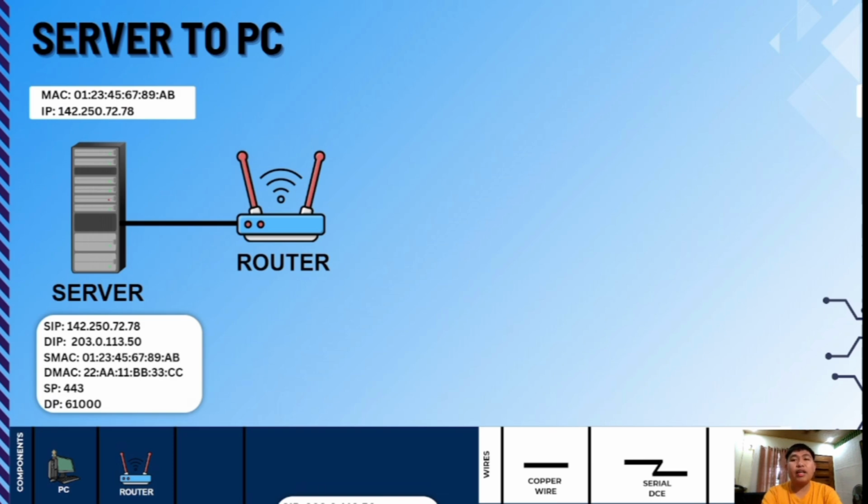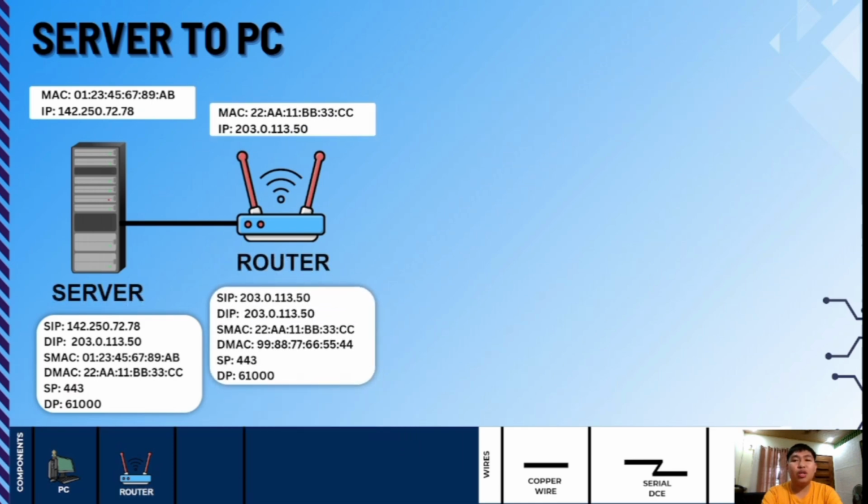It performs a MAC address update. Source MAC, or the SMAC, is 22AA11BB33CC, the first router's MAC address. The destination MAC, or the DMAC, is 998877665544, which is the next router's MAC address.